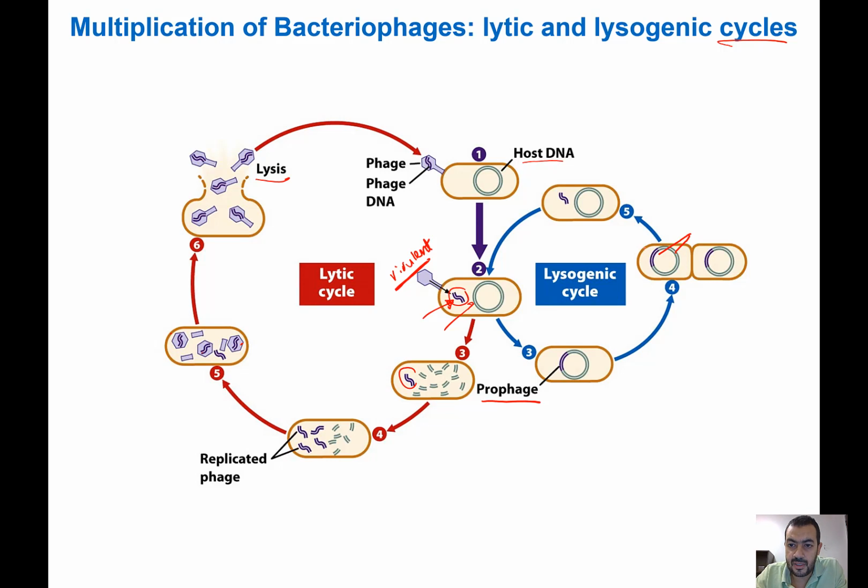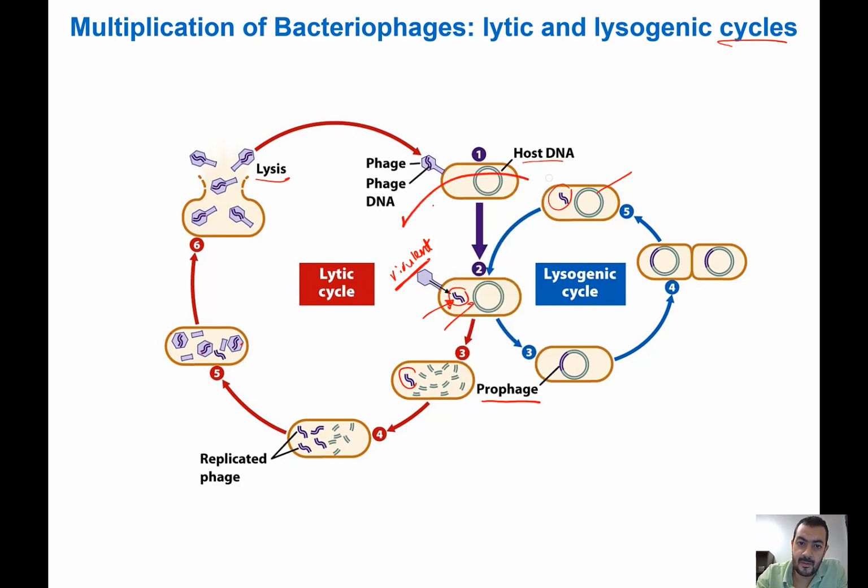This could continue forever, or under certain conditions, the prophage can be excised and the chromosome gets circularized again without the prophage. Now the prophage has been separated from the chromosome, and under some conditions this may start the lytic cycle.